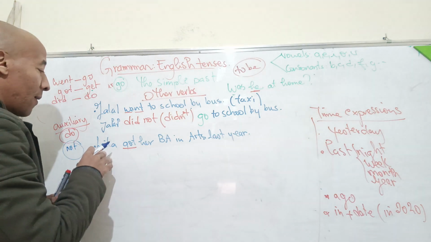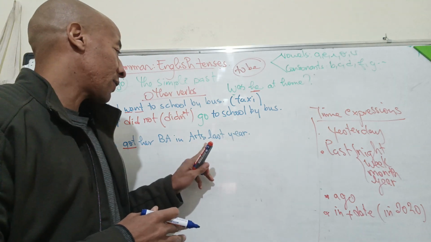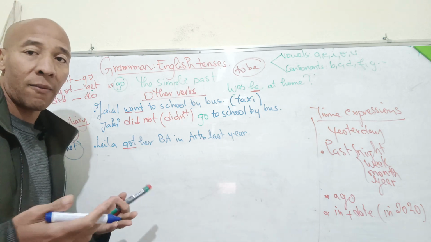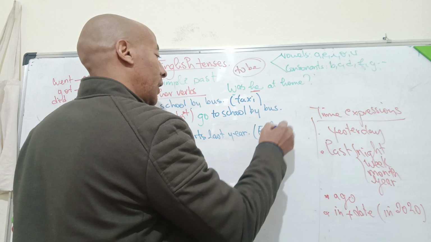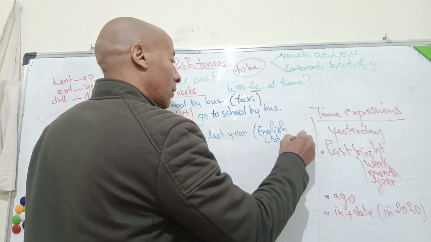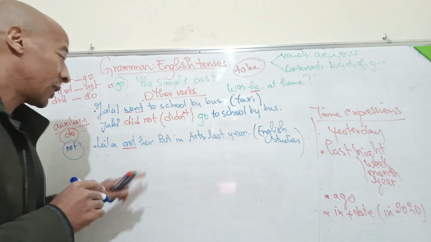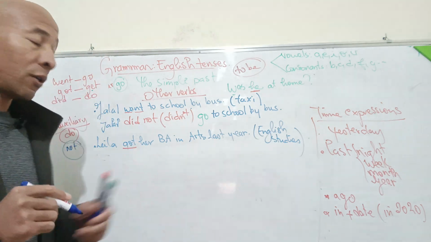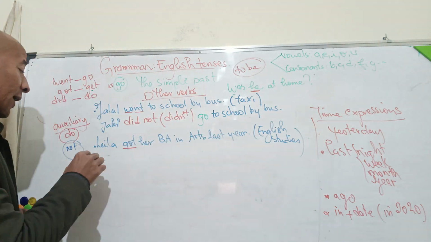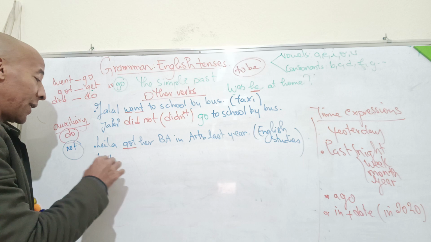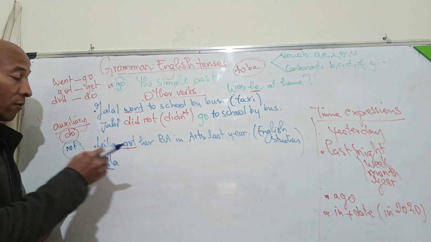The same thing. We'd say that Leila got her BA in arts last year. We'd say that Leila got her BA in English studies. So we'd say that she didn't get her BA in arts, but she got her BA in English studies. So we say Leila, and then we make use of the auxiliary, right?